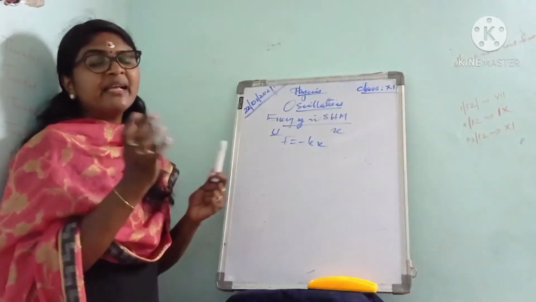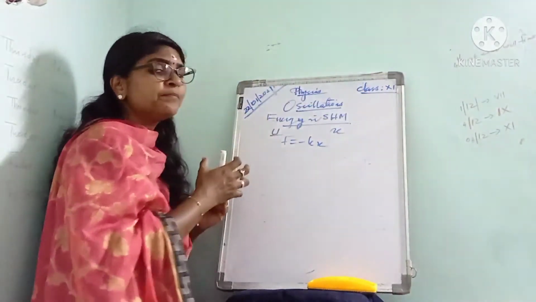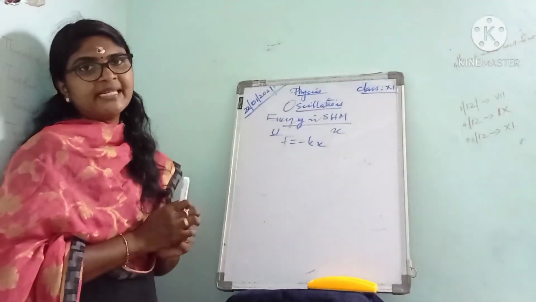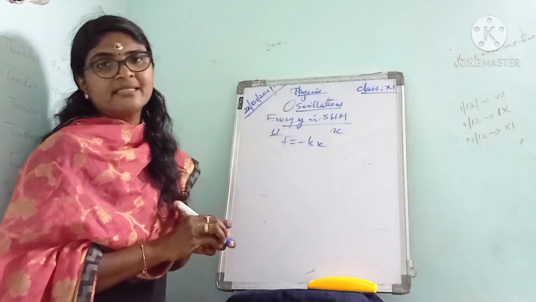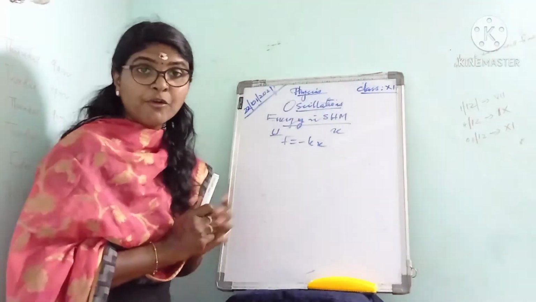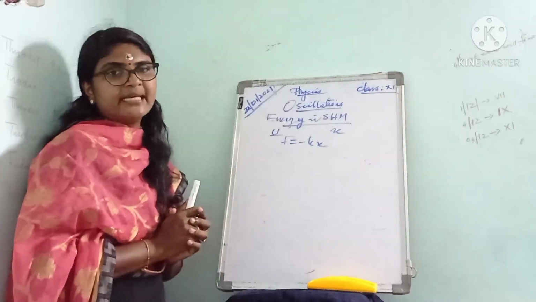That restoring force, F, equals minus kx. We have already learned this. The restoring force brings the particle back towards the mean position. That is the restoring force acting on the particle, minus kx.